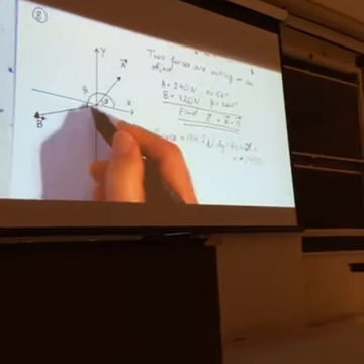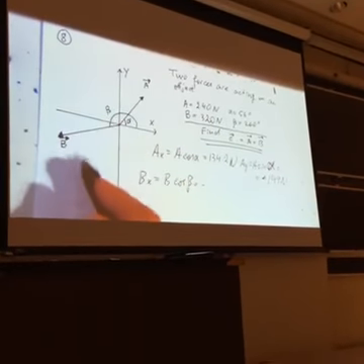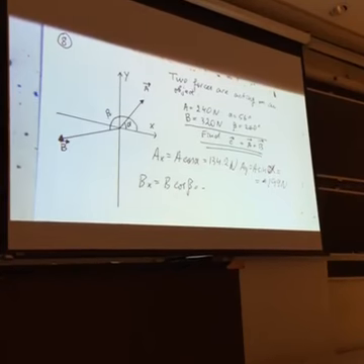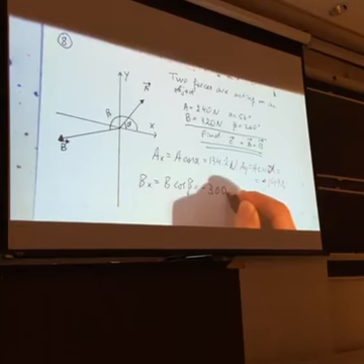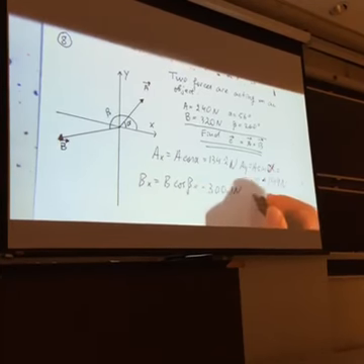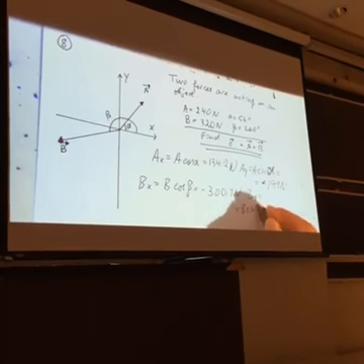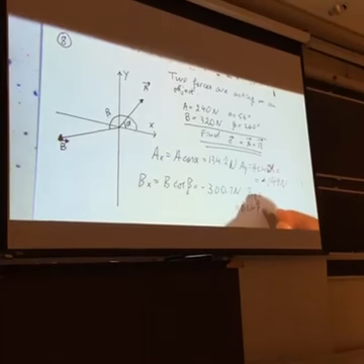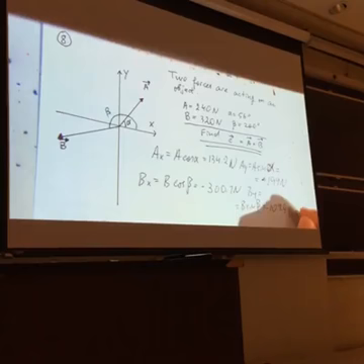For B, both X and Y are negative. It's in the third quarter. Both X and Y are negative here. It's negative 307. And BY is B sine beta, again negative 109.4.